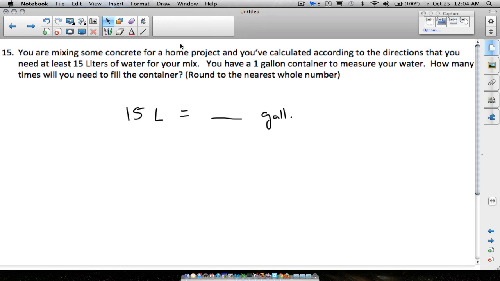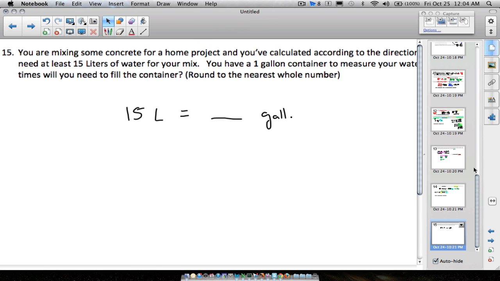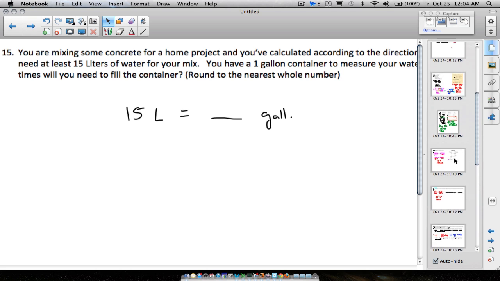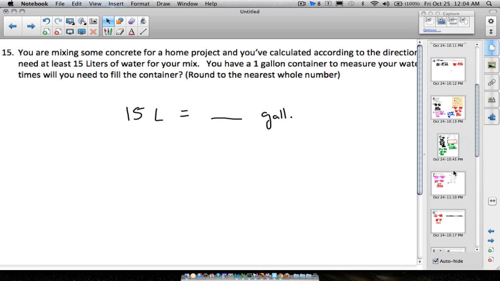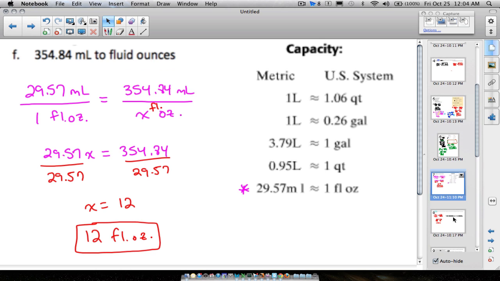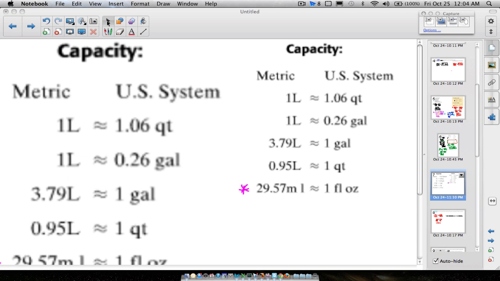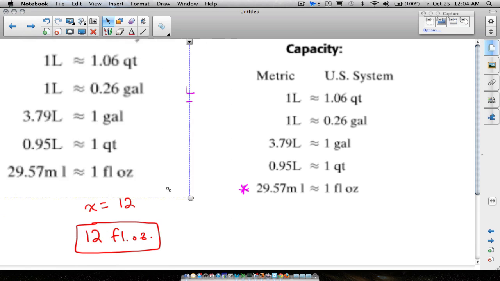Well, how do we do that? We need to back up a little bit, to an earlier problem. How about there? Oh, I got lucky. Capacity. Since we're going back and forth between the metric and the US, let me copy this table over.